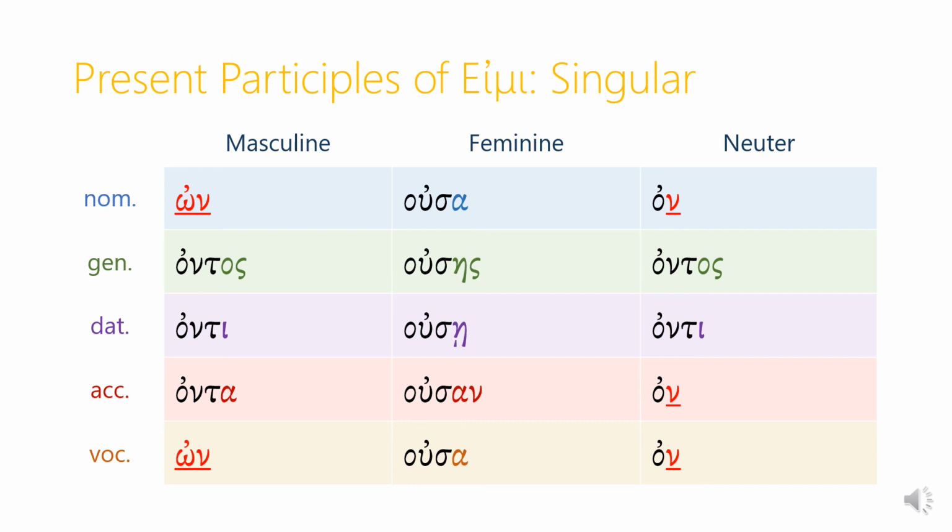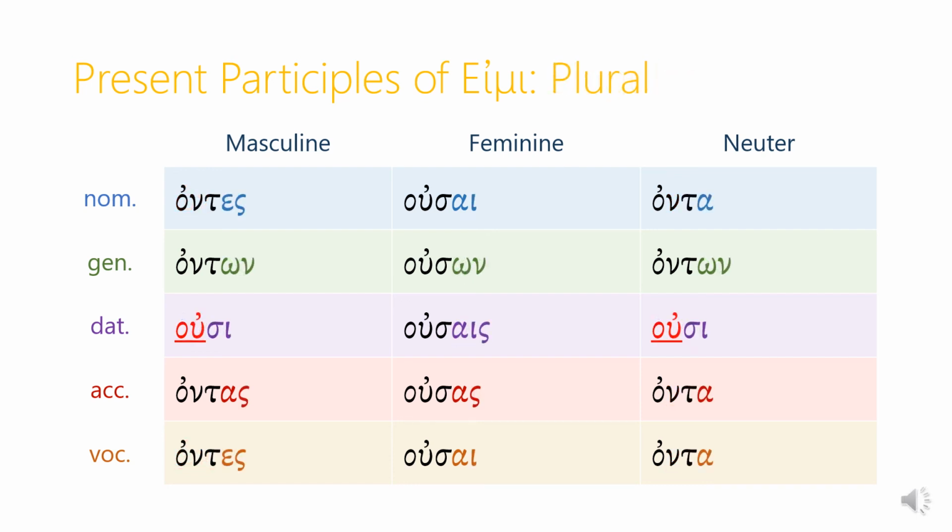In fact, there are no new forms, no new endings to remember at all with these present participles of eimi. You simply take all of the stuff that you would normally put on the end after the verb stem for a regular present participle, take away the verb stem, and what's left at the end, that is your present participle of eimi. This is the case with the plural participles of eimi as well as the singular participles.